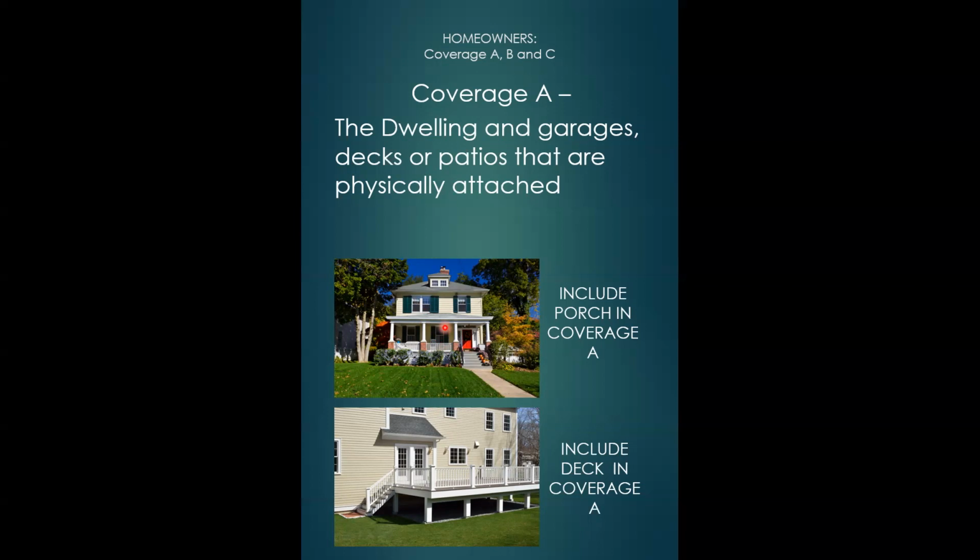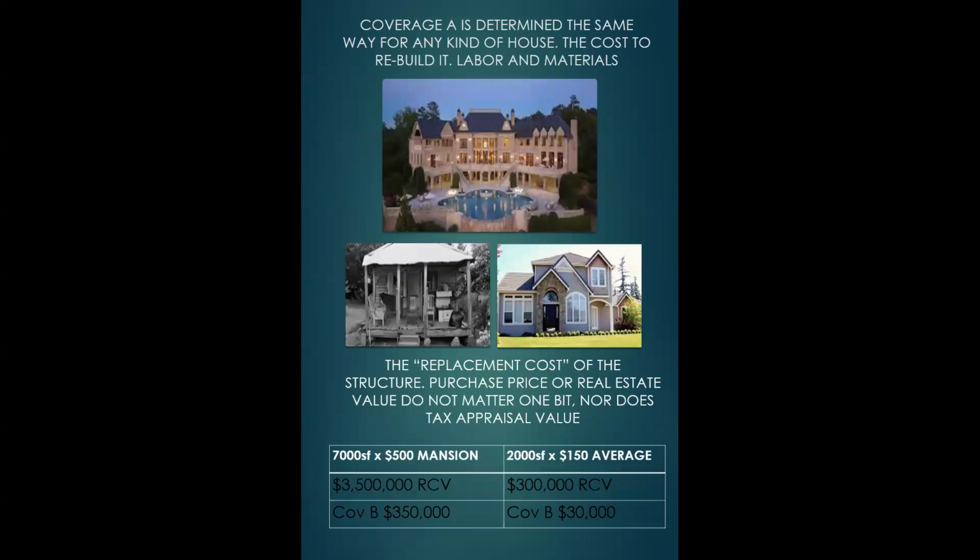So coverage A means the dwelling and decks, patios, and garages that extend from the house and are physically attached to the house and in fact form part of the house. Like this deck here, a little bit different construction style, but the same idea. Because it's attached to the house, we would include the value of this deck in our calculation of coverage A because it's attached to and physically part of the dwelling.